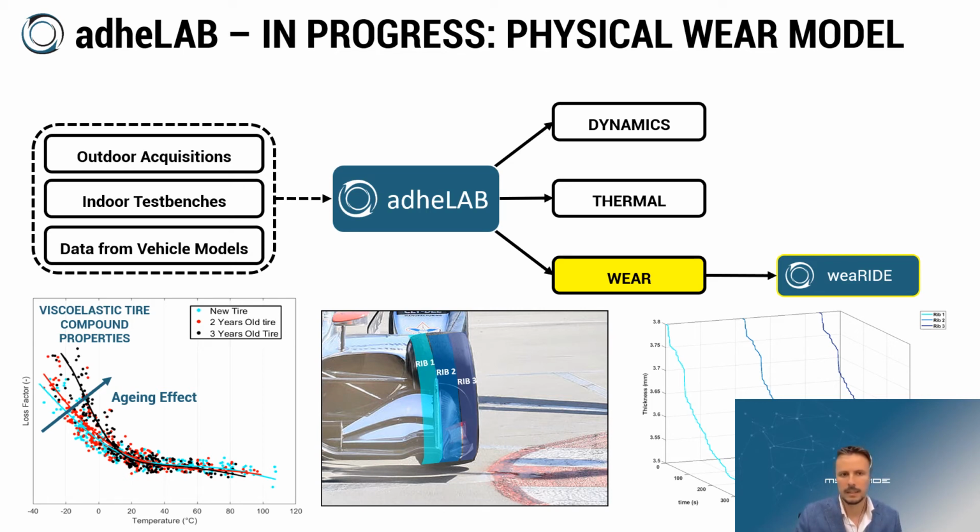In this case, what normally is done is to model the degradation part in terms of the modifications of the loss factor or tan delta with aging effect, and also take into account the thickness reduction and its influence on the thermodynamics.